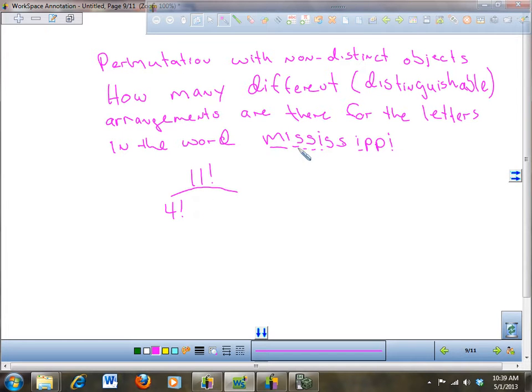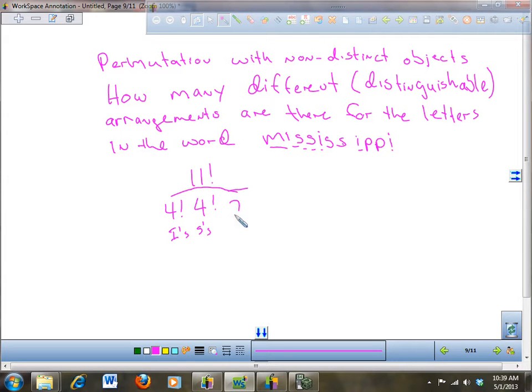And then, how about the S's? How many ways do I have to arrange 4 S's? So then I divide by 4 factorial for the S's, okay? This is the I's. This is the S's. What else do I have that's repeated in here? P's, right?